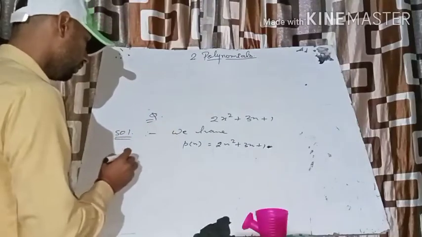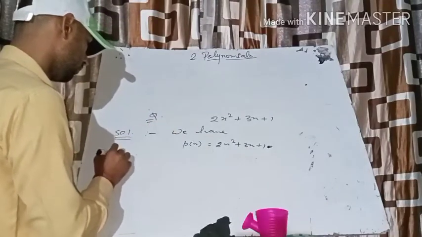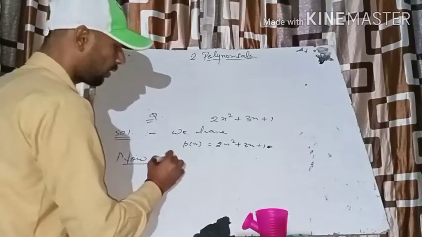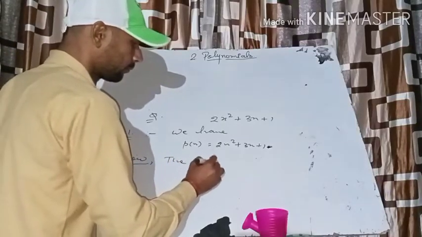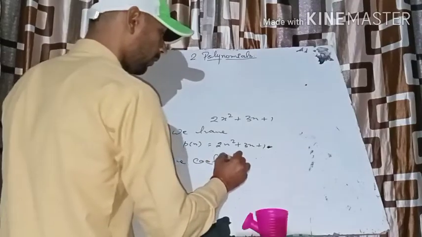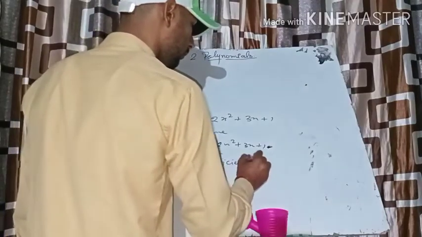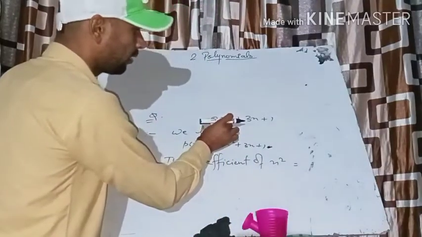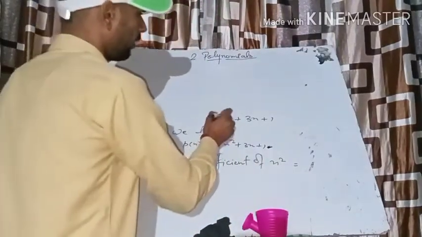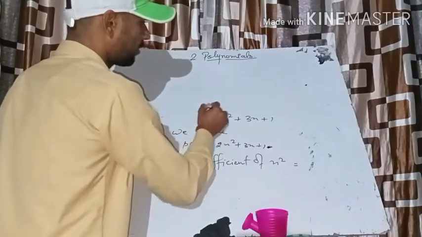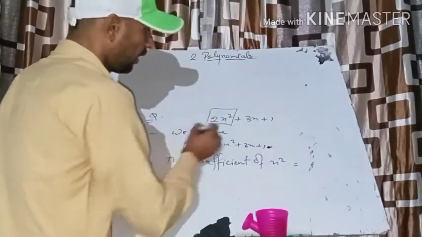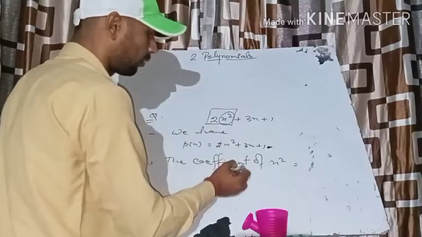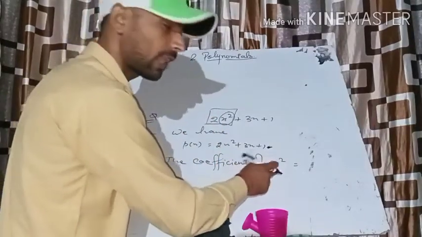Now, the coefficient of x square: where is the x square? Only here. Except for the x square, the rest of the digits are said to be the coefficient of x square.